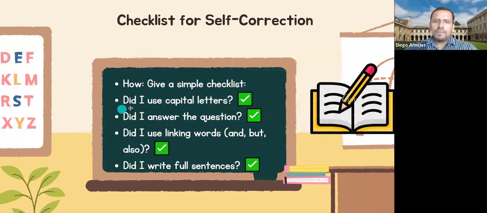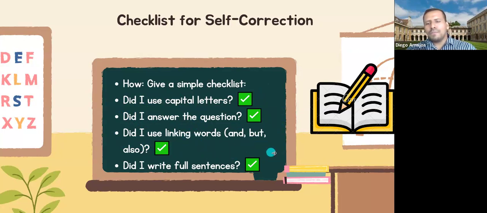Give a simple checklist. For example, did I use capital letters? For example, the pronoun I, which is very common, that students make mistakes with. Did I answer the question? Okay, if the question was this, it was answered or not. Did I use linking words like and, but, also, so, in order to make the writing flow?